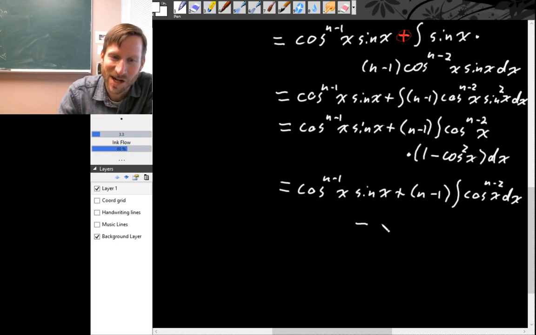Don't forget about the n minus 1, so n minus 1 times the integral of cosine to the n minus 2 of x times cosine squared of x.